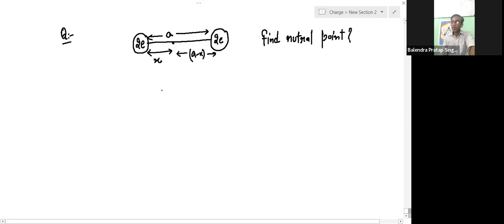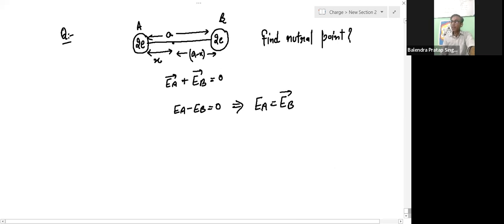Okay, so the superposition principle says that at the neutral point the net electric field must be 0. If I take this particle as a and the other as b, then vector Ea plus vector Eb is equal to 0, and both fields are opposite, so you can write Ea minus Eb equal to 0, and from here Ea equal to Eb.